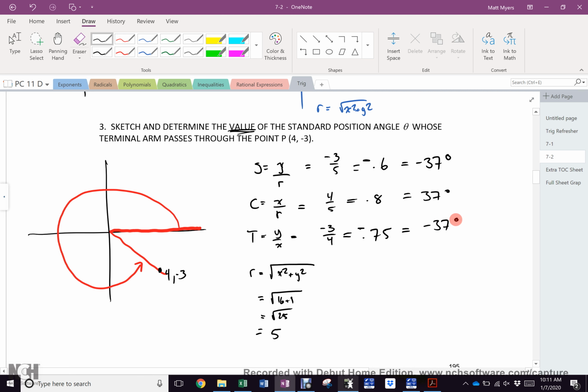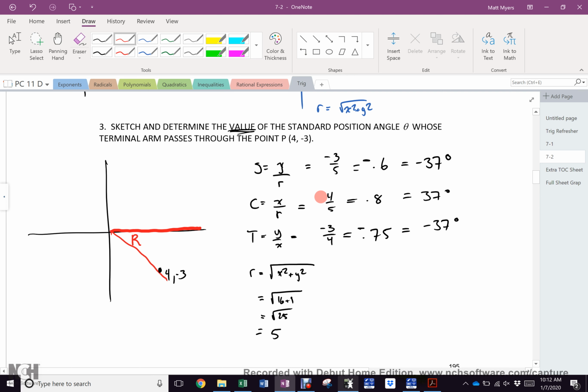Now, you're intelligent young people. We know that we count this way, don't we? So how can this angle way out here be 37? Is it? It's the reference angle that is 37. So that's why we still need to know how to draw it, even if we're not going to use the actual drawing. Everybody understand?